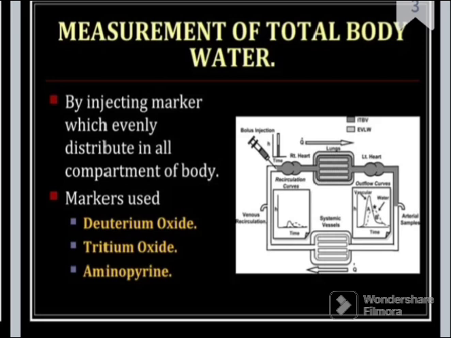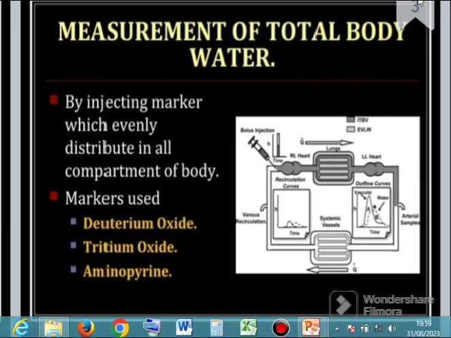Total body water can be measured using the following biological markers. Number one is deuterium oxide.